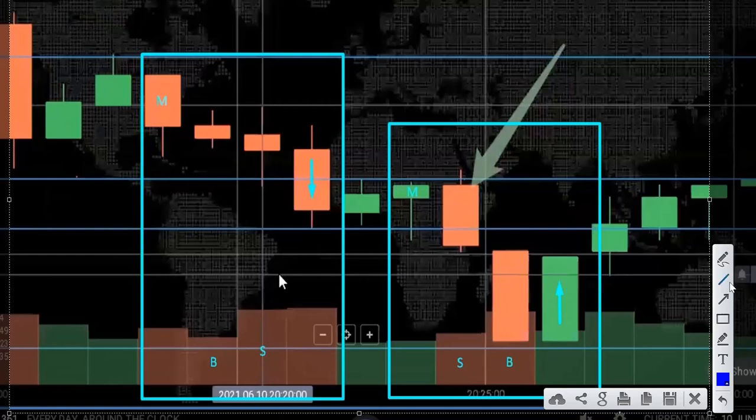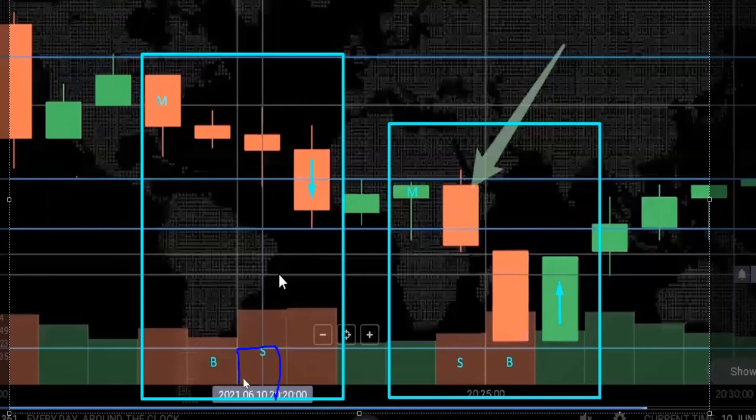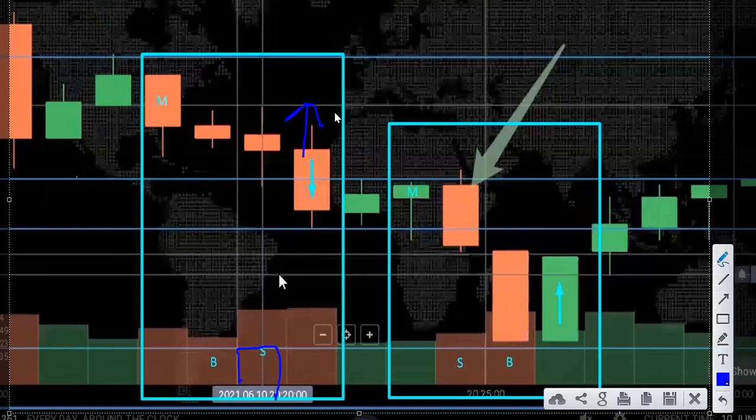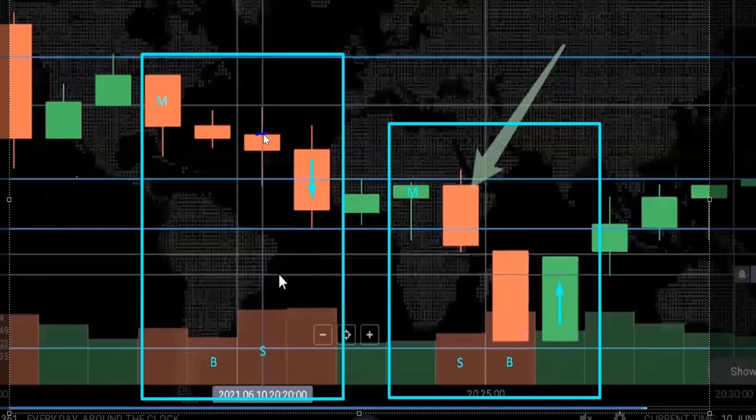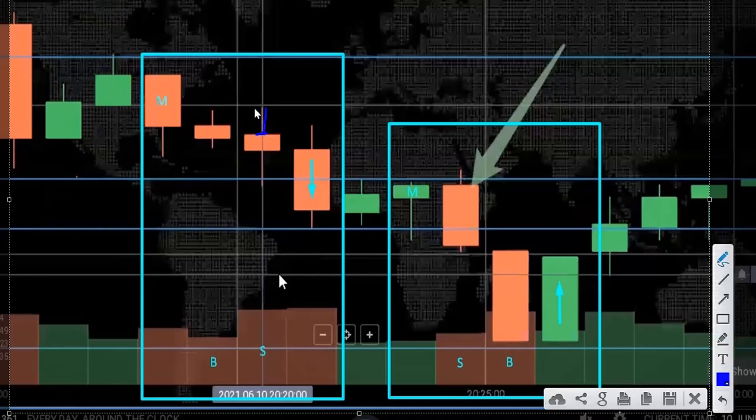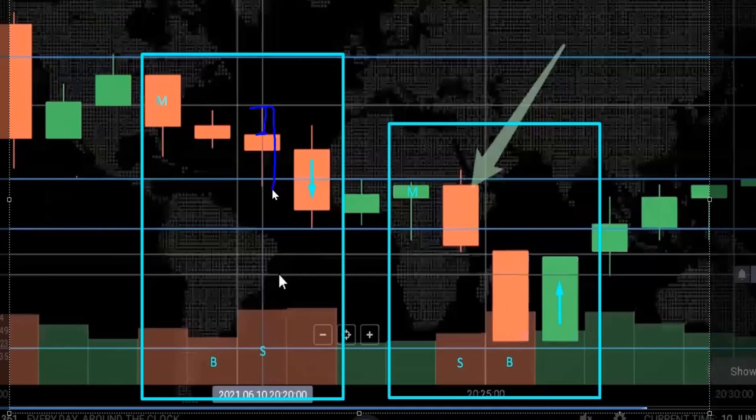If buyers can decrease the seller's volume, then buyers can come back in the market, right? In the fourth candle. But here buyers try hard against these sellers, but buyers can't decrease the sellers, because you can see buyers entered at first strongly. Then sellers entered and went down.